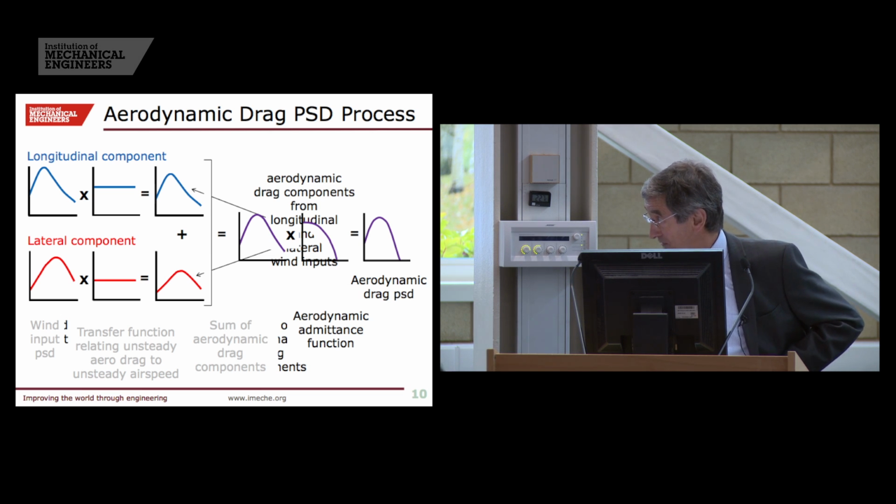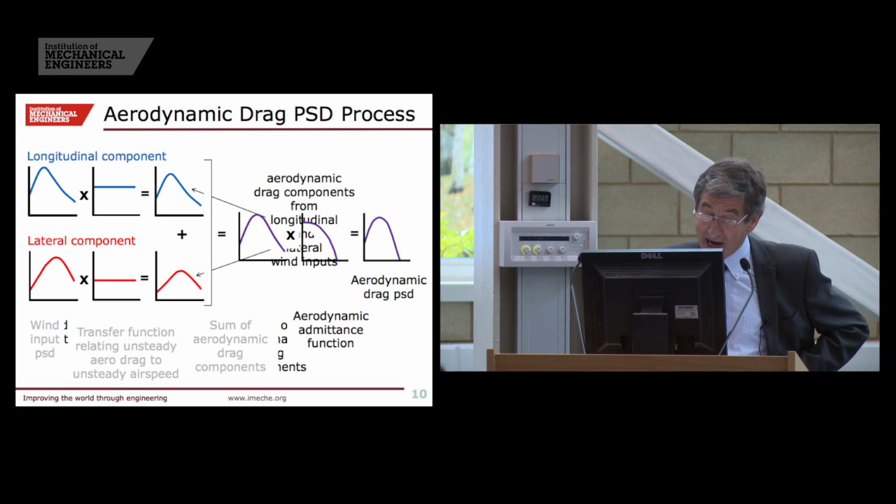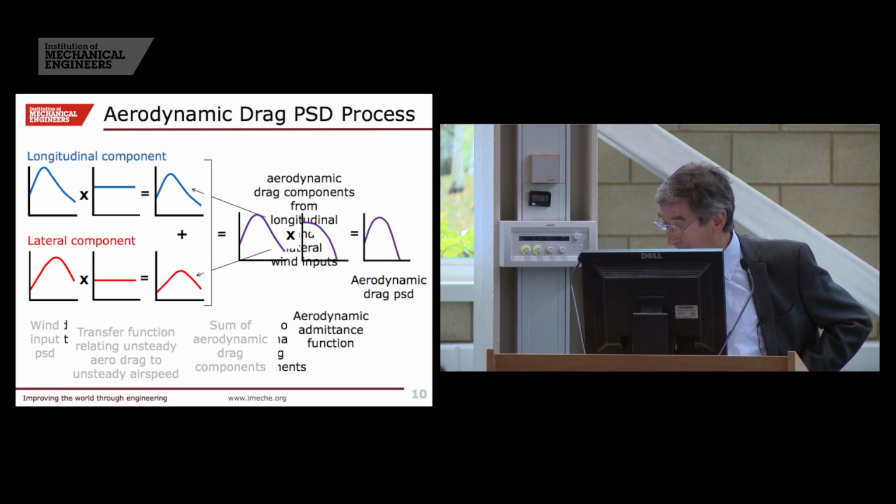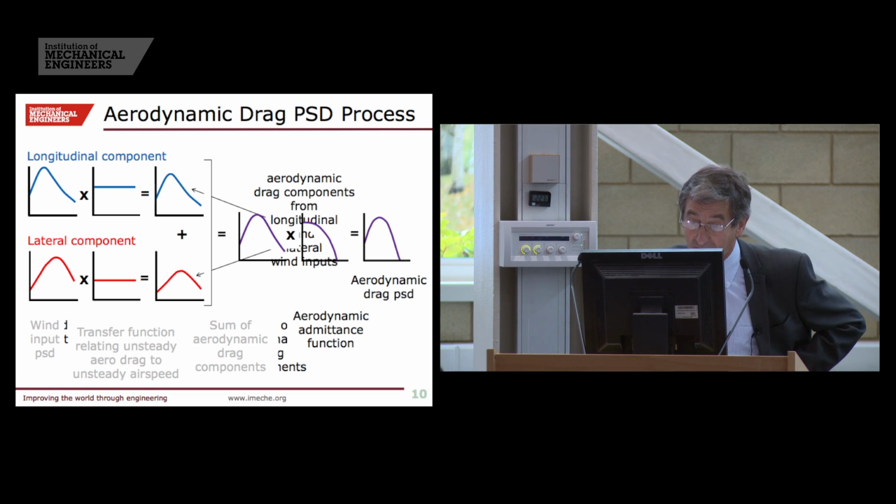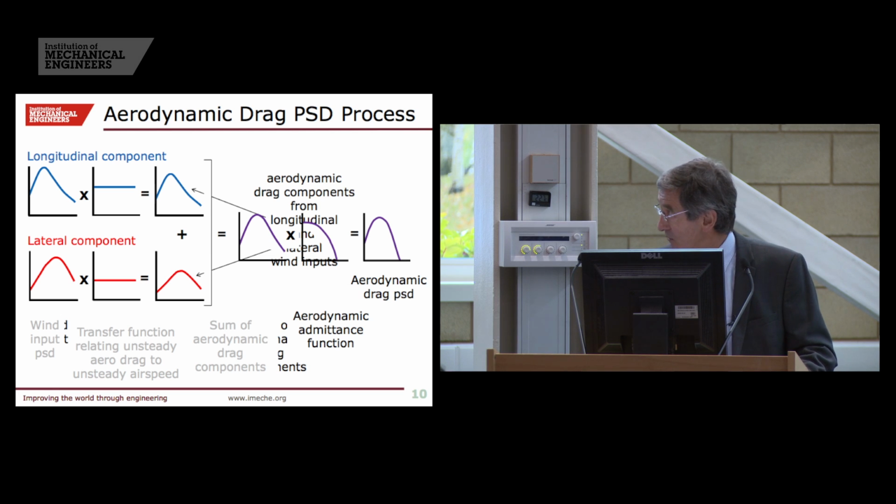We then apply a transfer function that relates the unsteady drag to the unsteady airspeed, and that gives us the individual drag components from those wind inputs. These we then sum together, and in order to take out the effects of the attenuation that occurs at high frequencies, apply an aerodynamic admittance function, and that provides the aerodynamic drag PSD.